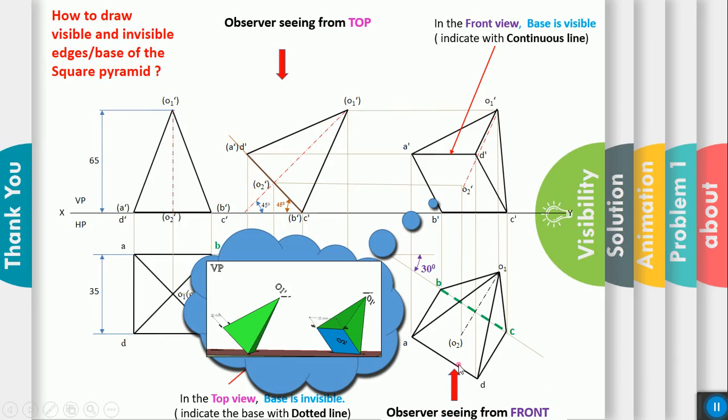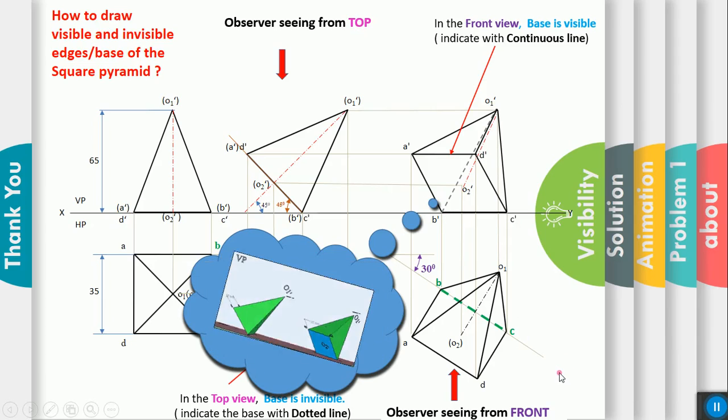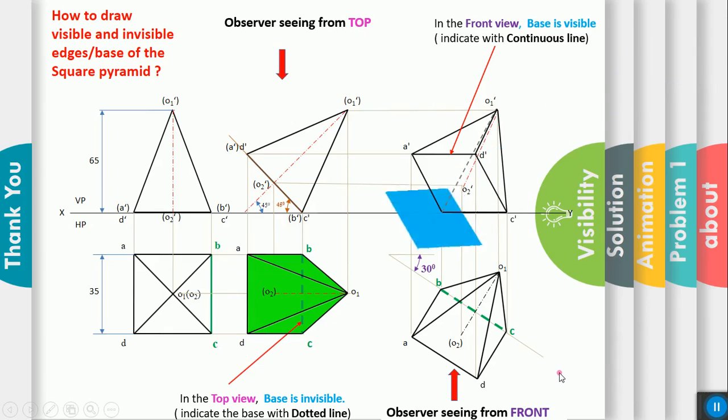Again, when the observer is seeing from the front view, the third triangular face, that is O1, A, B, is invisible, that is, it is hidden, which should be indicated with a dotted line. Hence, in the front view, we will indicate the edge O1 dash, B dash with a dotted line. This is the base which is visible from the front view, and these are the two triangular faces visible from the front view.